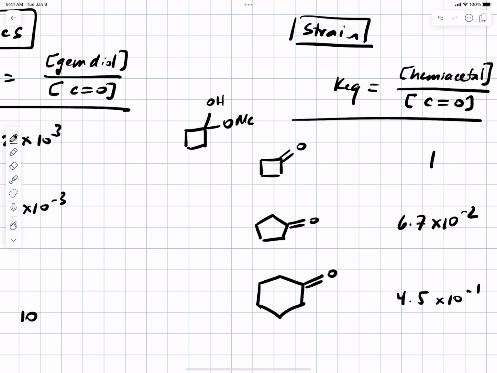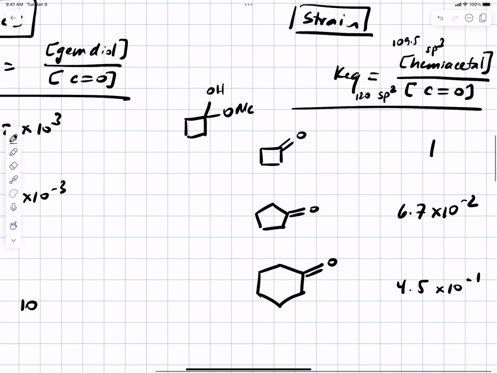Hemiacetal would be this. What's the hybridization in the hemiacetal? Versus at the carbonyl carbon, it's sp2 for the ketone. Bond angles of 109.5 versus 120.